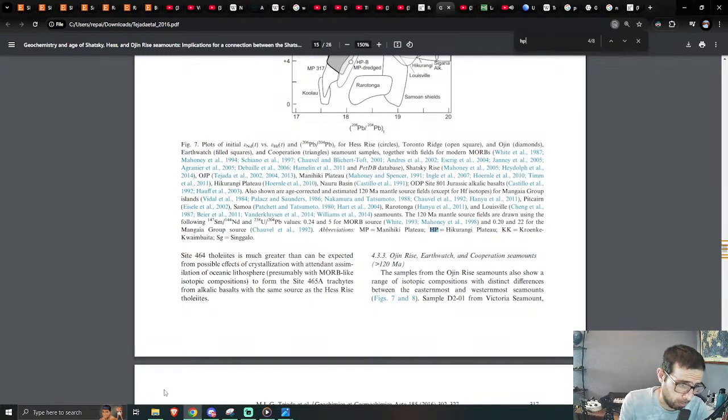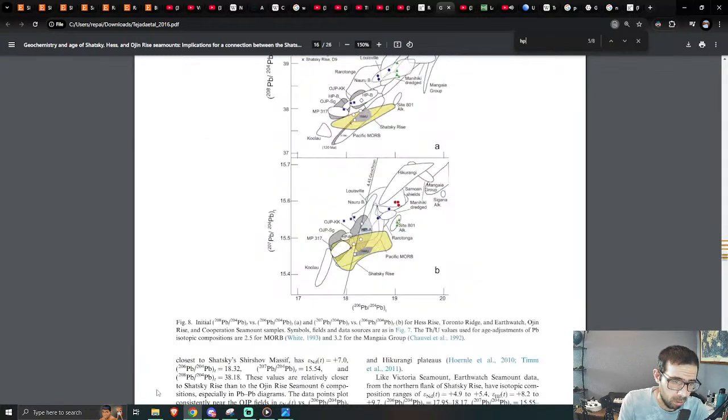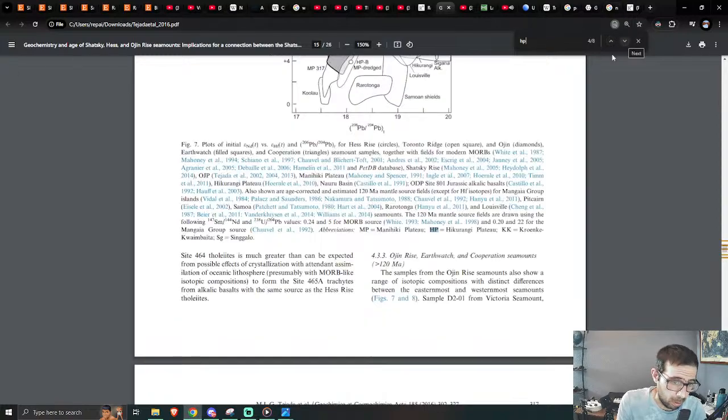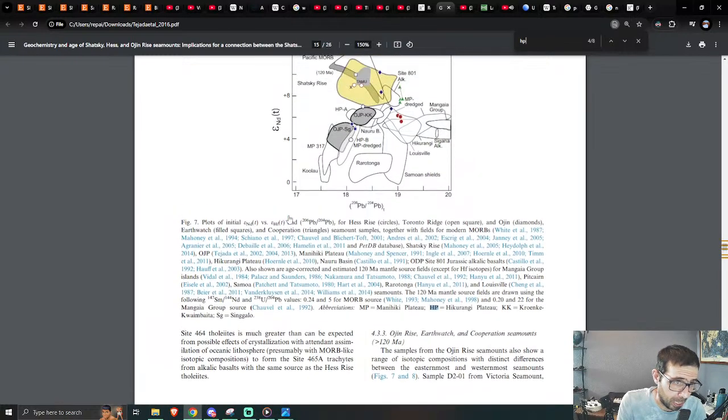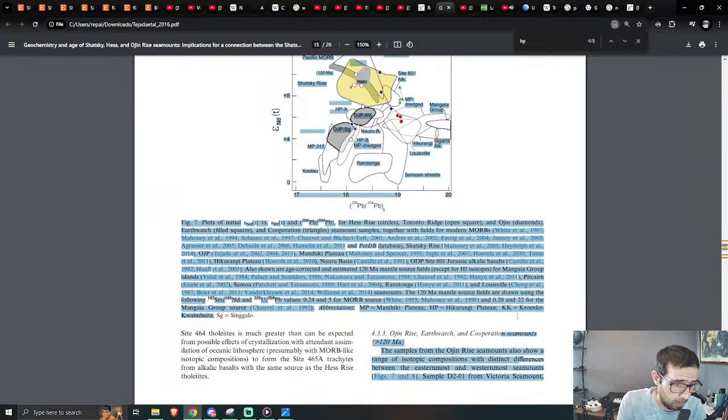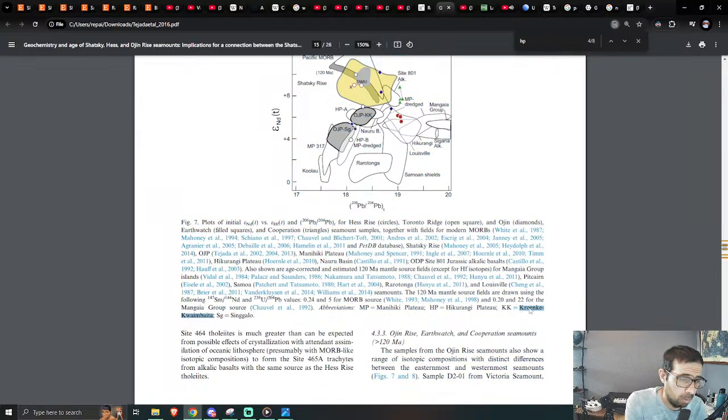Hikurangi Plateau. Wait, let's go back. KK is Kroenke, Kwambeta. I've never heard of that. Singalu. Sounds not in the Pacific. I don't know.